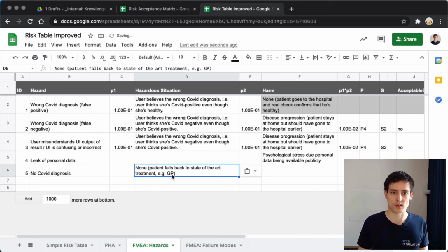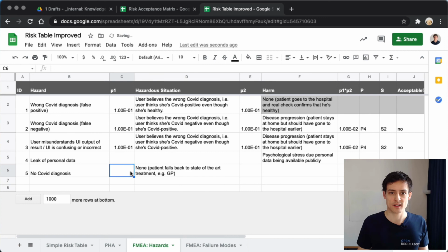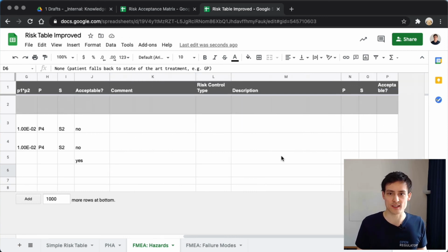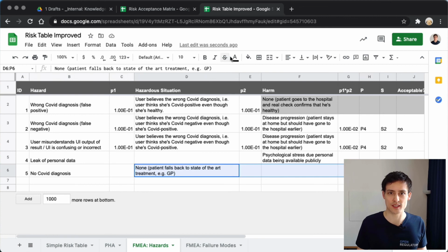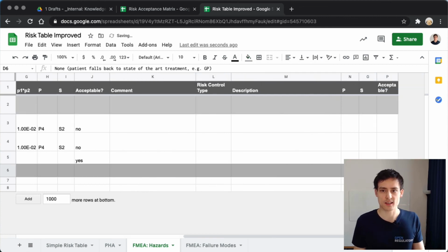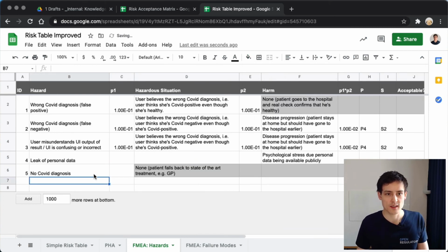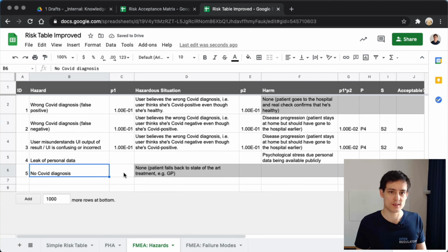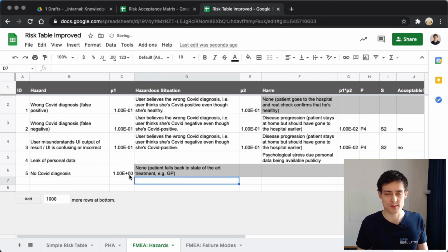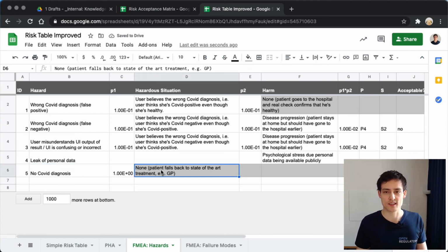Oh, wrong cell. And all right, then we can gray this out, right? So now we have, oh, that's a bit dark. Now we have this situation where a user doesn't get a COVID diagnosis, and I don't know, whatever, the patient gets some other treatment. That's not really a harm.